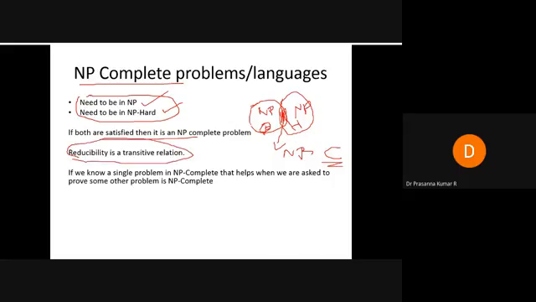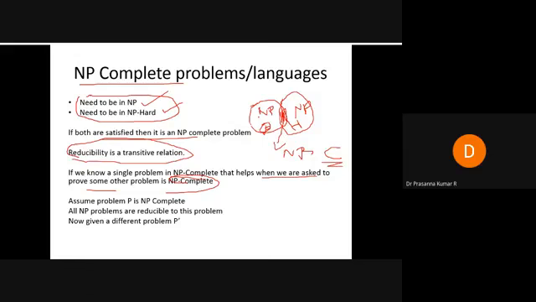Transitive relation in the sense, if we know a single problem is NP complete, then assume a problem is NP complete. All NP problems are reducible to this problem. So let's have another problem P dash. If we show that P is reducible to P dash, then by transitivity all these NP problems are reducible to the P dash.